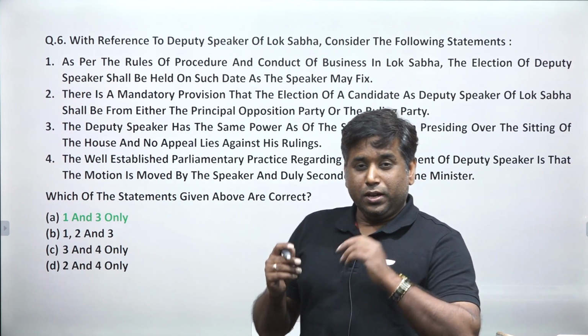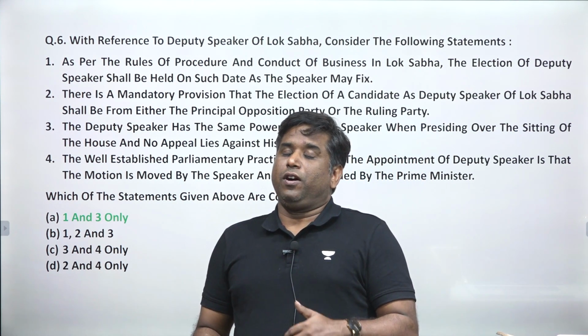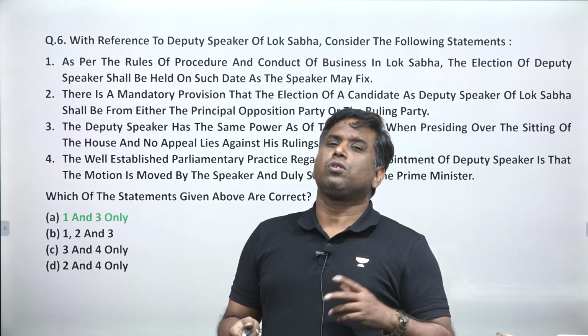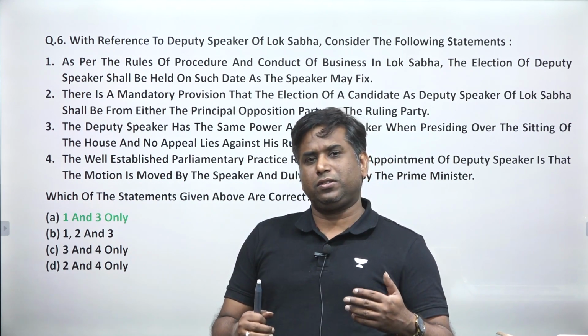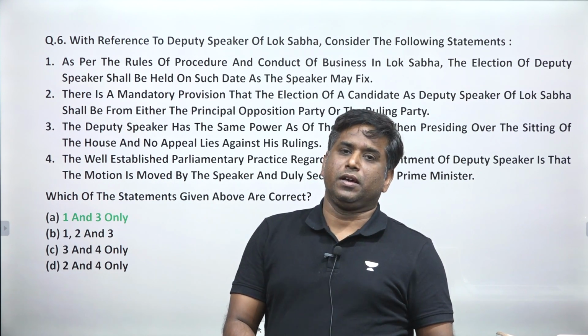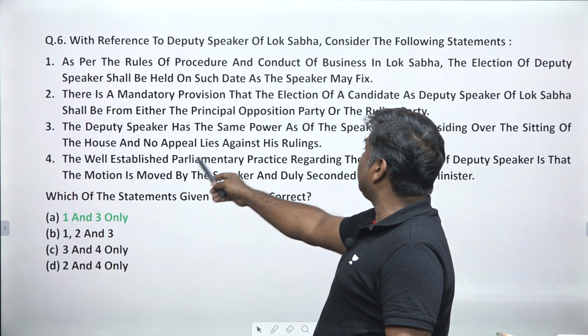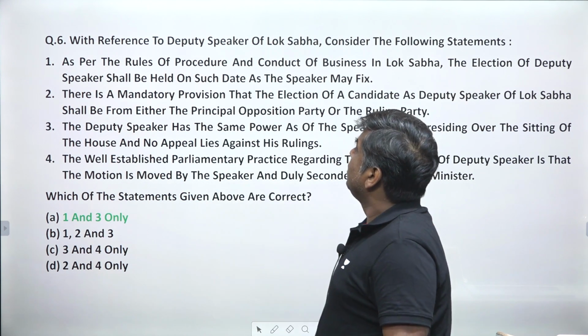Technically, the Deputy Speaker functions as a Speaker. So, definitely he holds all the power and works as the Speaker at the time, and he holds almost every power a Speaker has. So, statement 3 is correct.